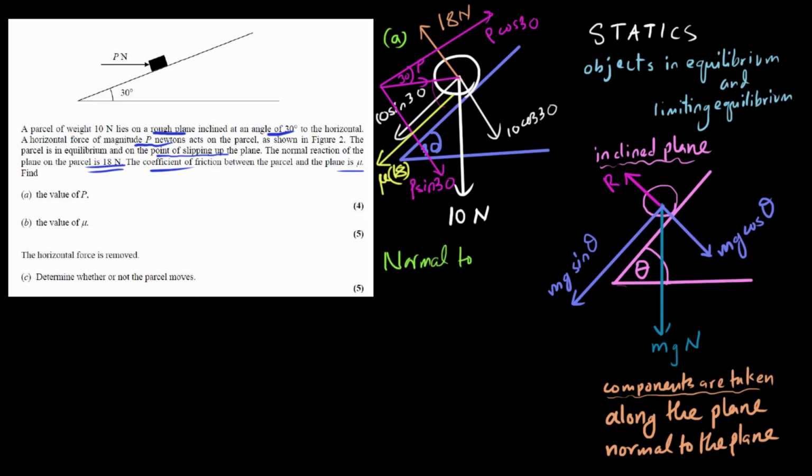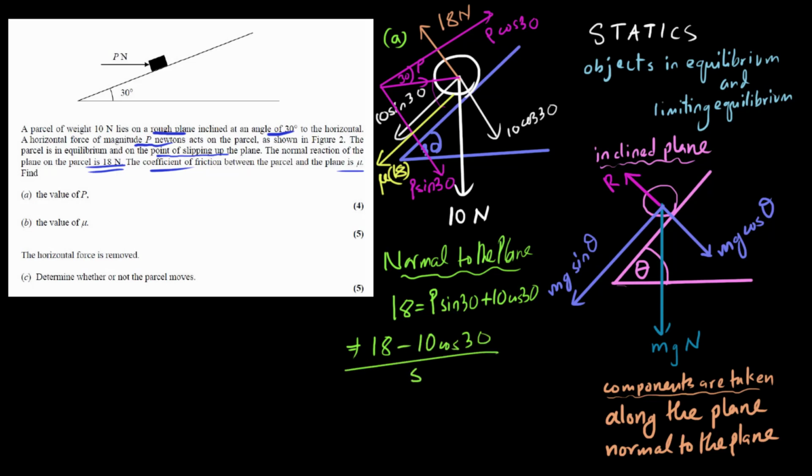Components normal to the plane: upward is 18 Newton and going downward is P sine 30 plus 10 cos 30. So P equals 18 minus 10 cos 30 divided by sine 30. Therefore P equals 18.7 Newton, meaning 19 Newton to two significant figures.